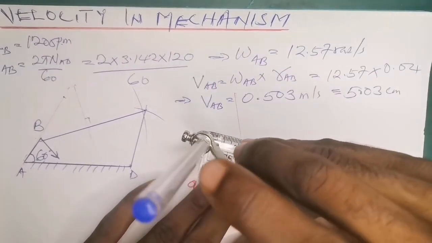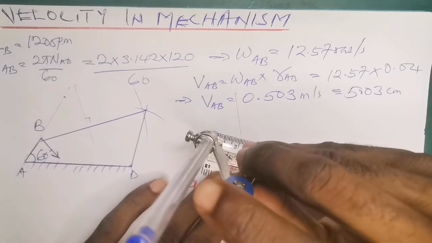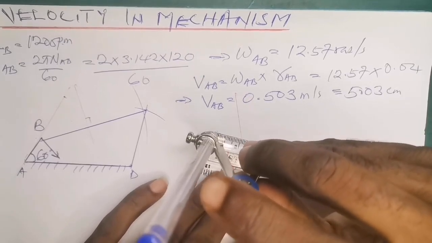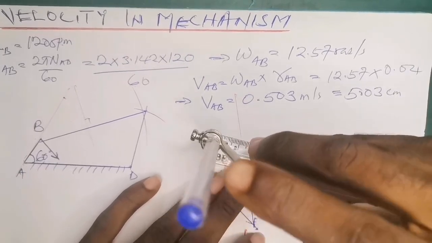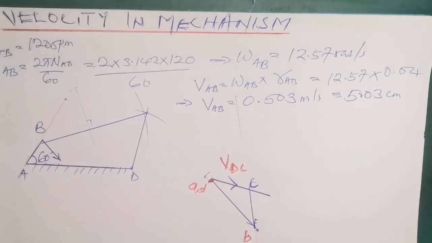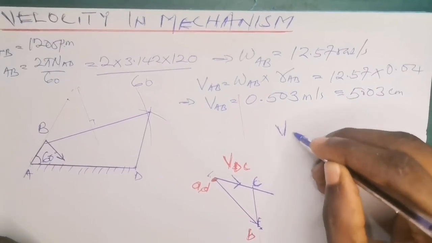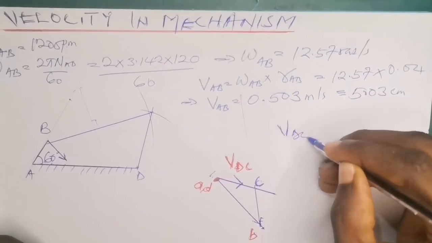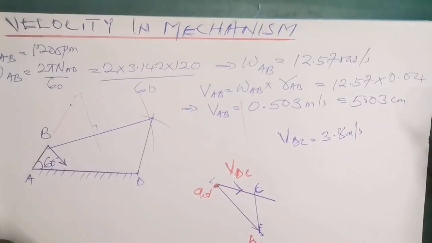So this is from 1, around 3.8. That's around 3.8. So this simply means that the velocity along CD, VCD or VDC, is equal to 3.8 meters per second.